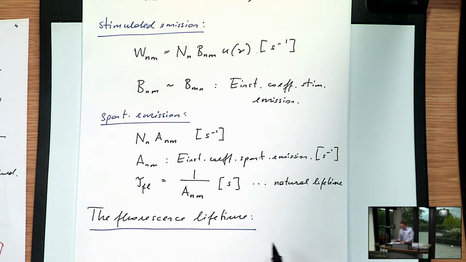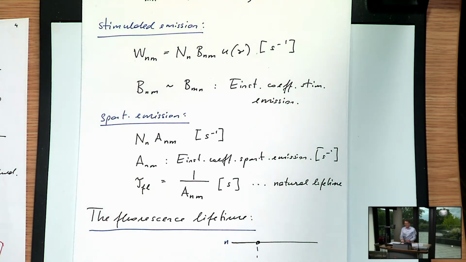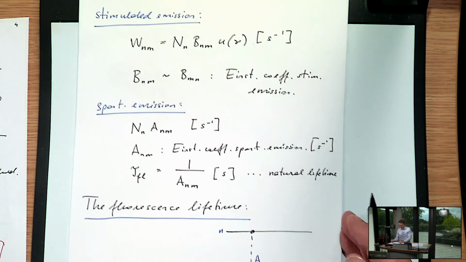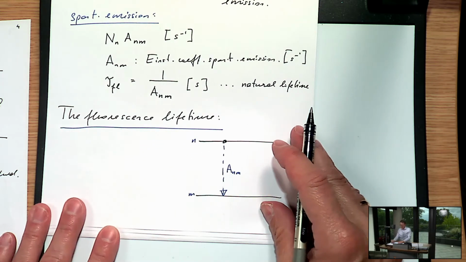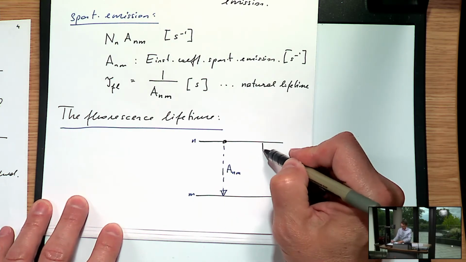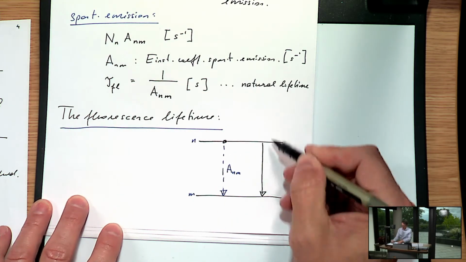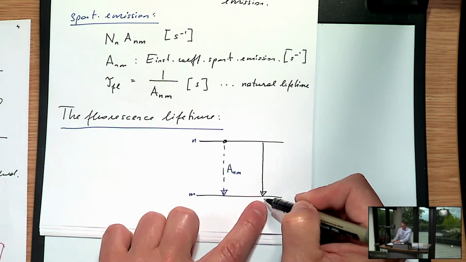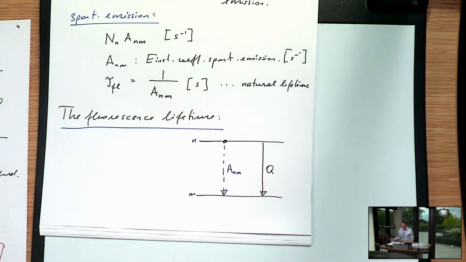If I have an excited molecule, it can come down, as we've said, by emitting a photon at a rate A_NM. But if there is a collision or any other mechanism that allows it to de-excite without emitting a photon, then the population is de-excited back to the ground state without signal.